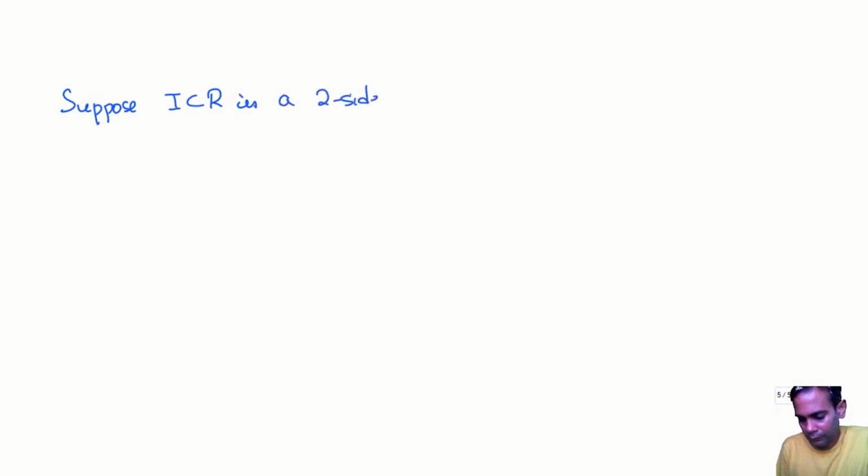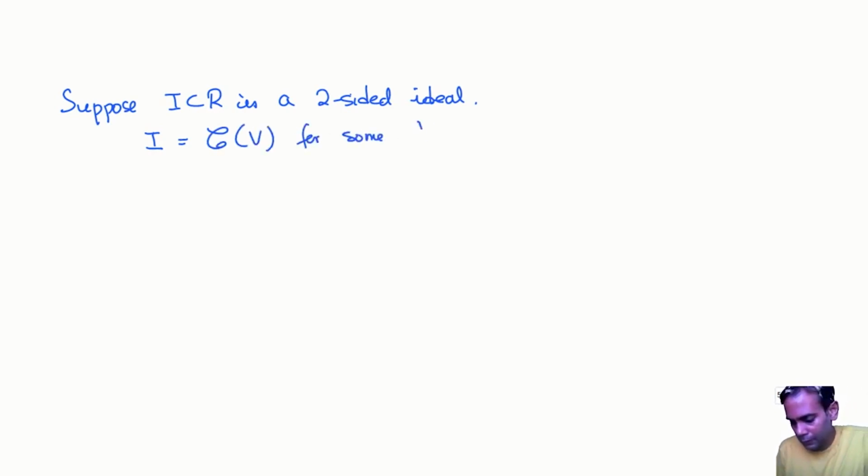So suppose I is a two-sided ideal in R. Then I is of course going to be of the form CV for some subspace V in K^n.